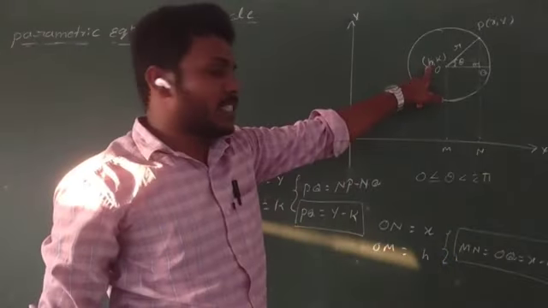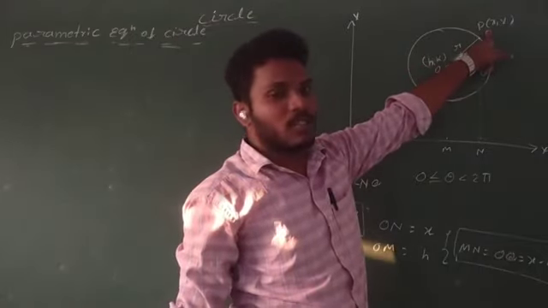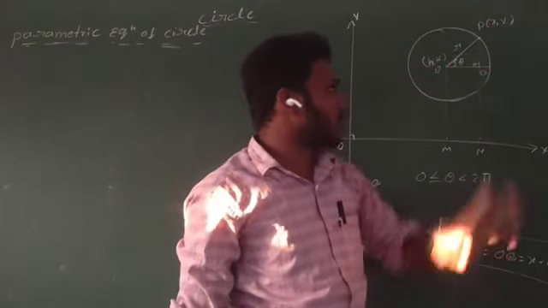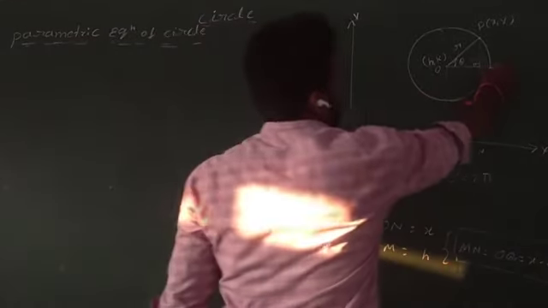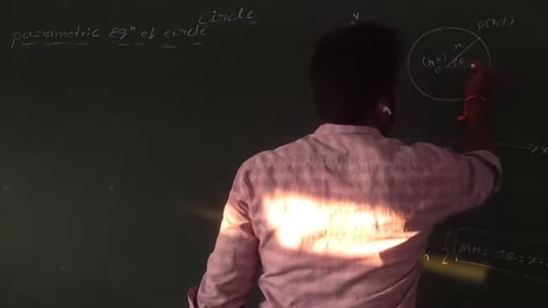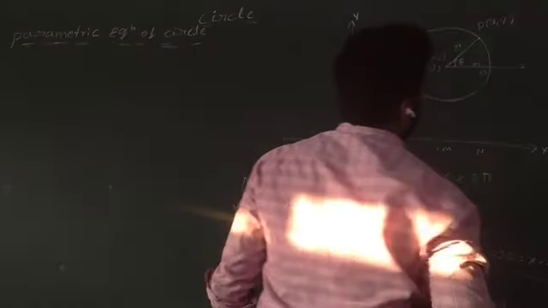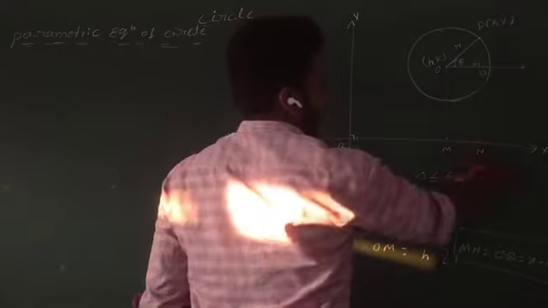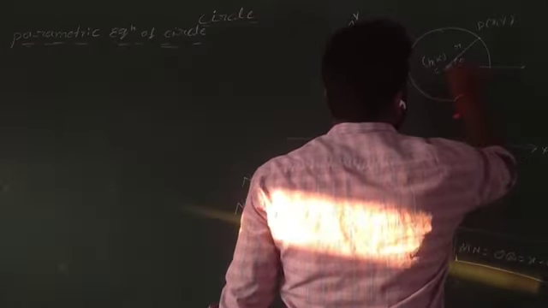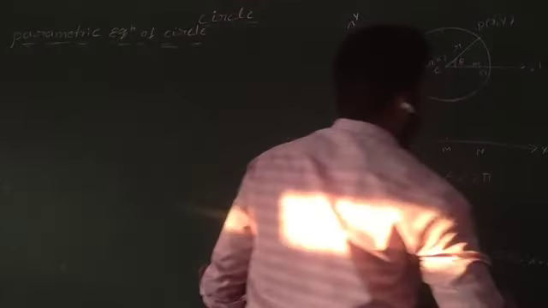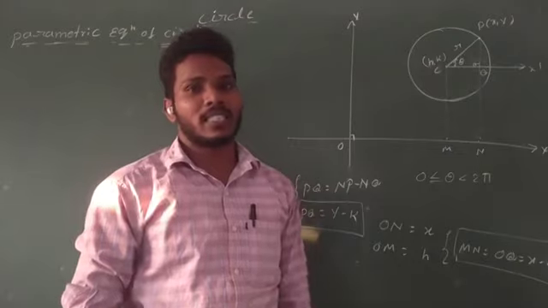Take the circle with center h comma k, and any point P on the circle, the locus point P, x comma y. I have to take some angle of rotation. This is O, and Cx dash is parallel to the x axis.